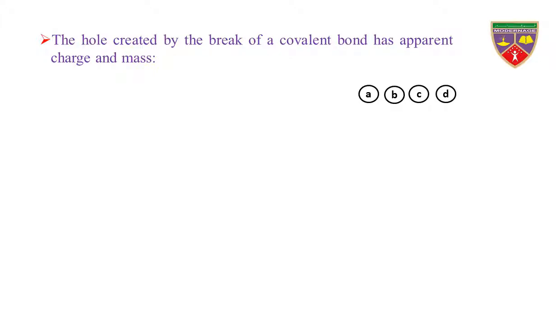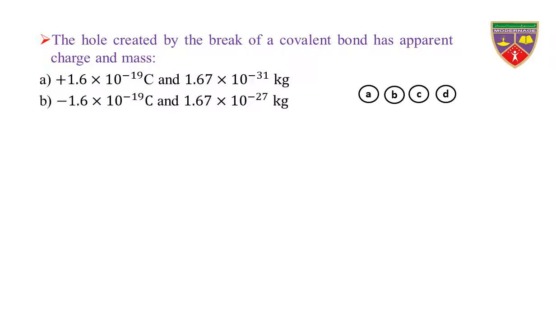The hole created by the break of a covalent bond has apparent charge and mass. Option A: plus 1.6 into 10 power minus 19 coulomb and 1.67 into 10 power minus 31 kg. Option B: minus 1.6 into 10 power minus 19 coulomb and 1.67 into 10 power minus 27 kg.